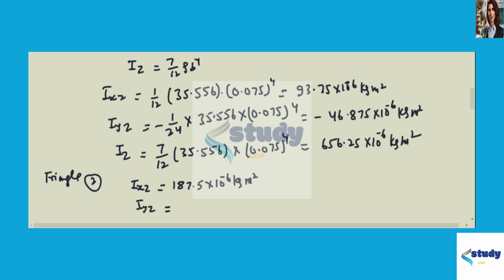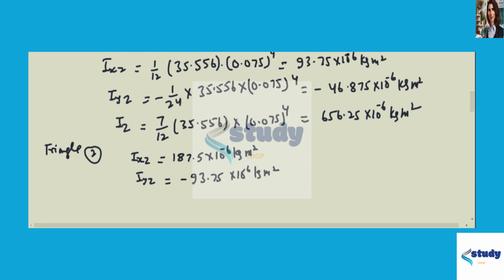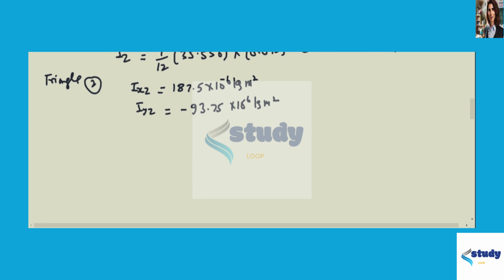Iyz you will get minus 93.75 10 to the power minus 6 kg meter square. This is negative, I should write it a little bit more properly. And Iz will be 2062.5 10 to the power minus 6 kg meter square.